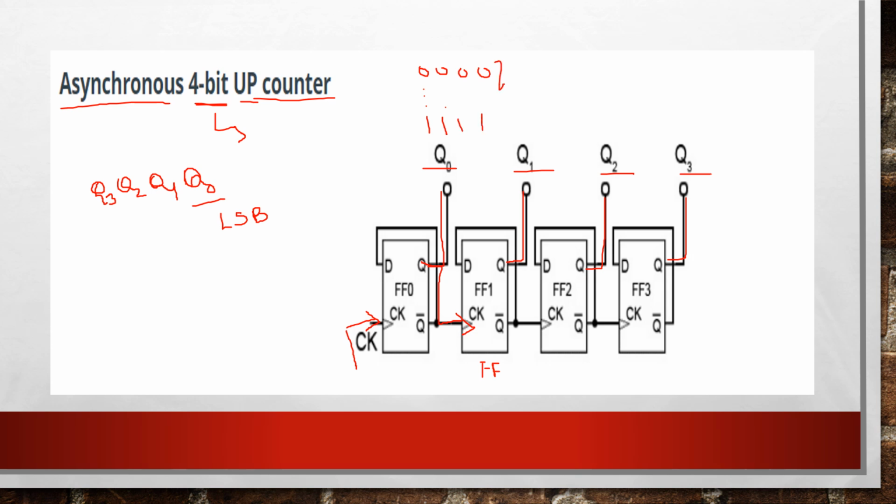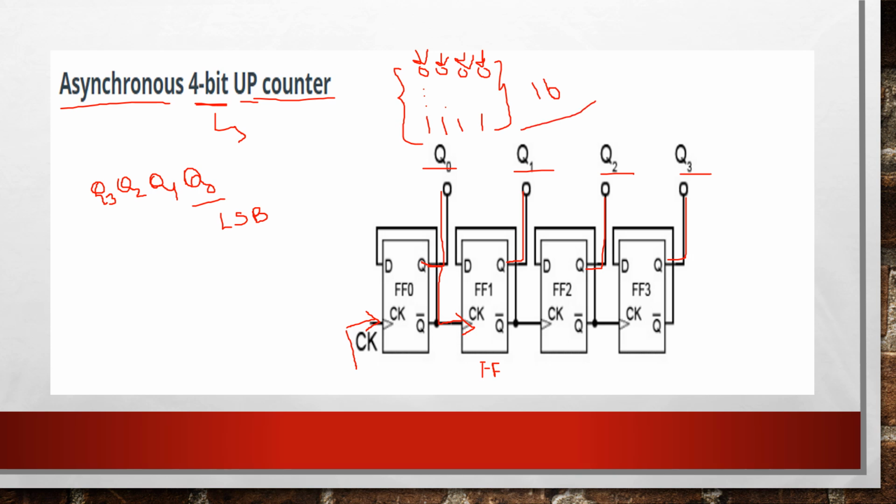So there are 4 bits which is used for counting 16. That is Q0, Q1, Q2, Q3. So we are able to count from 0000 to 1111.